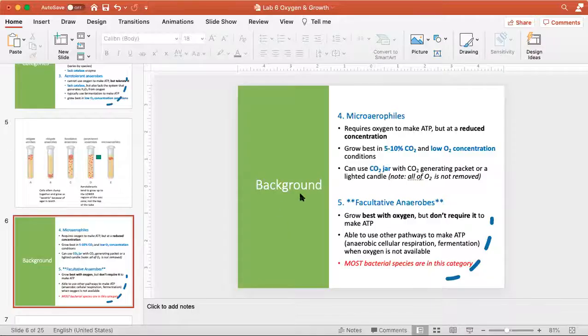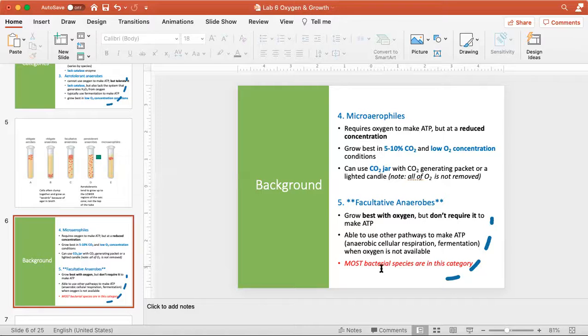All right, the last oxygen category is the facultative anaerobe. I've got an asterisk here because most bacterial species fall in this category. Most bacterial species are facultative anaerobes. This is the most adaptive group. They are able to survive in the most varied environments.